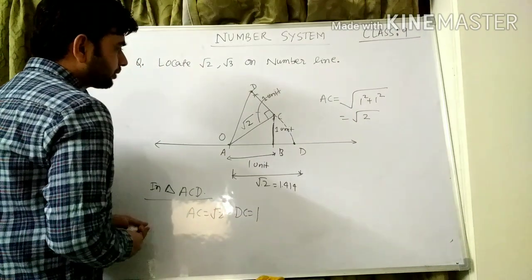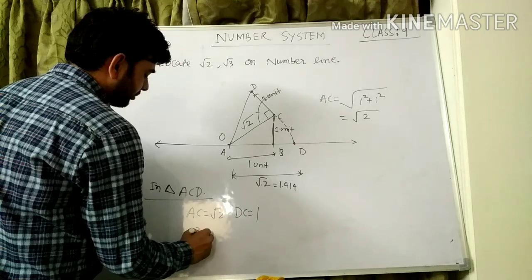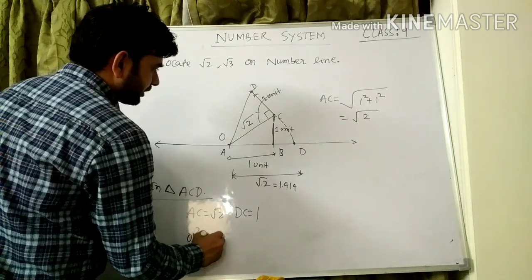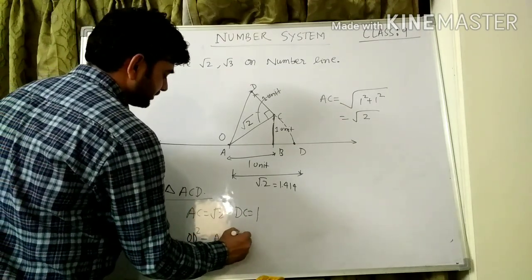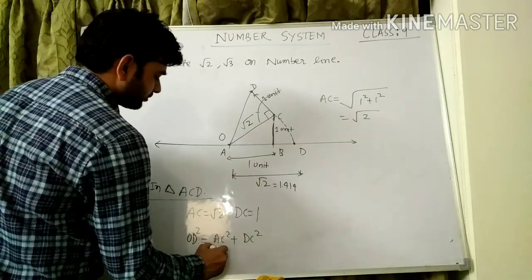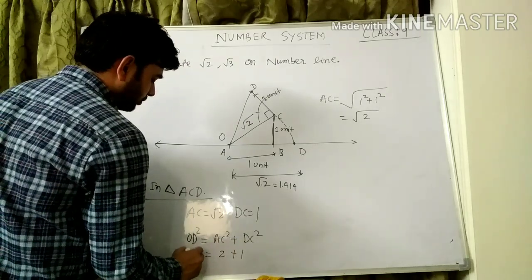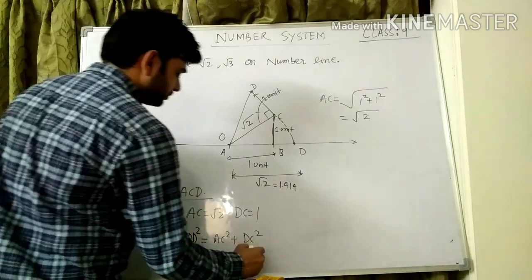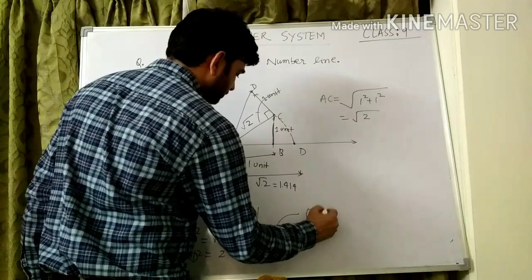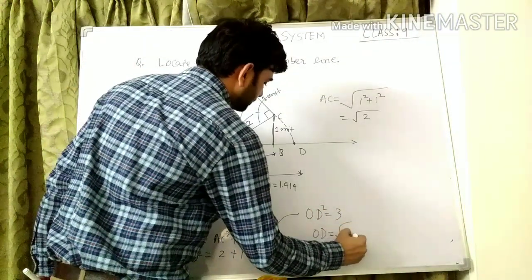I need to calculate AD square. AD, as the hypotenuse, will be AC square plus DC square. Here AC square is 2 and DC square is 1. So AD square is equal to 3, and AD is equal to root 3.